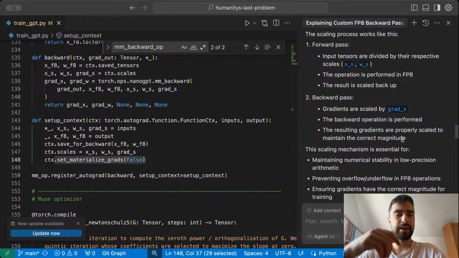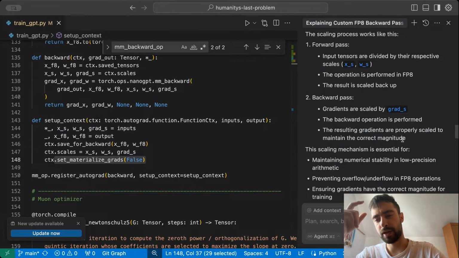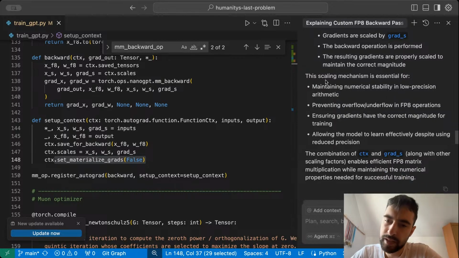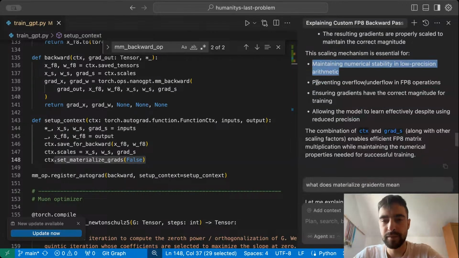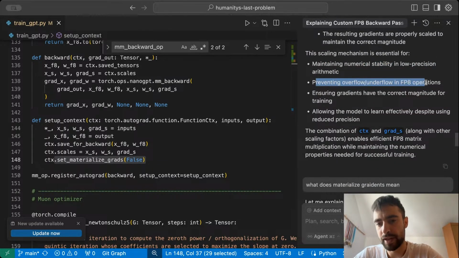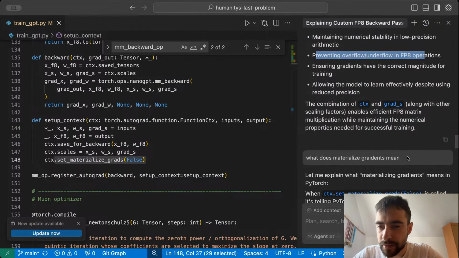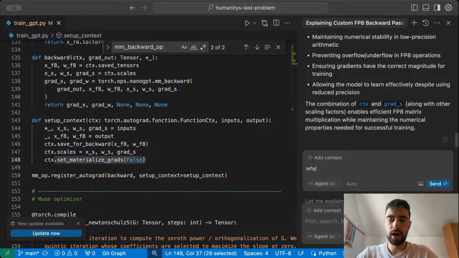Why? I think if you backprop once, you don't need those gradients anymore. This scaling mechanism is essential for maintaining numerical stability in low precision arithmetic, preventing overflow and underflow. Okay, we know that. Why do you need gradients after you do backprop?